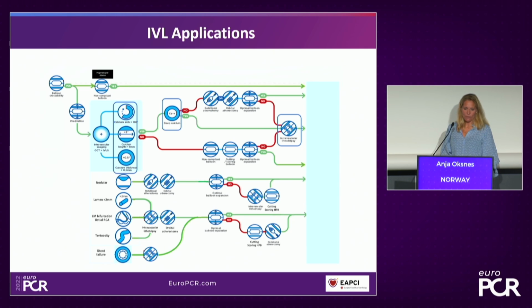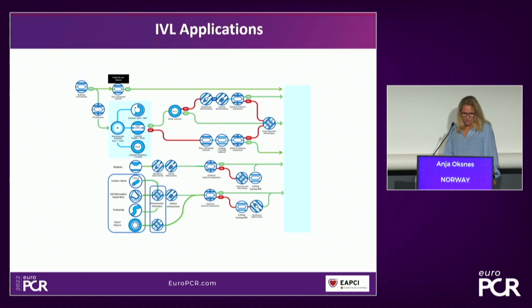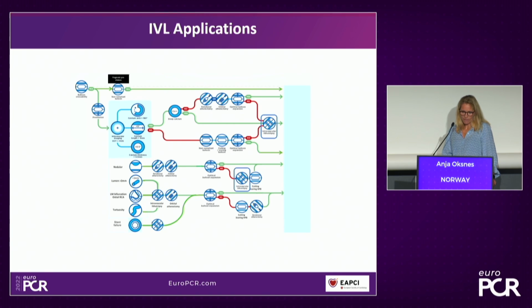This tells us that if you have, by imaging, concentric calcium that is long, thick, and deep, you're advised to go straight to IVL. And also, if you have larger lumens, like the left main and the proximal right, or if the vessel is tortuous, you're also advised to go straight to IVL. And it's a great bailout tool if your other modification devices fail.